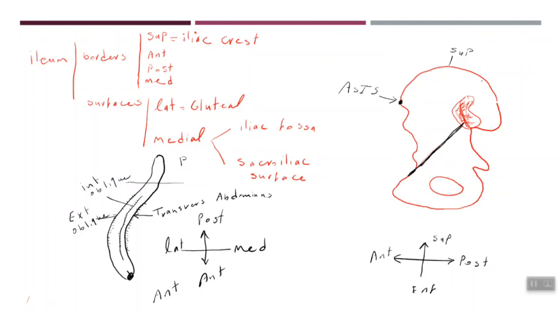And at the crossing between the posterior end of the iliac crest and posterior border, again we have another spine. That name is the posterior superior iliac spine. Okay, it means that here we have a posterior superior iliac spine, and here we have an anterior superior iliac spine.